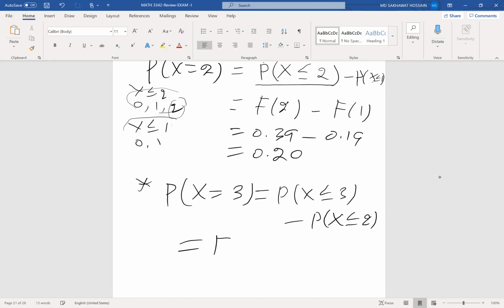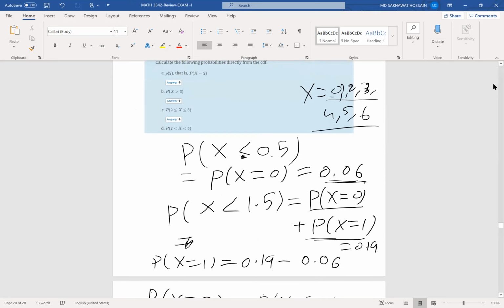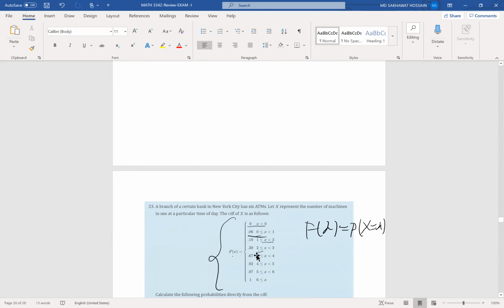That means f of 3 minus f of 2. So what is f of 3? F of 3 means the value of f of x when x is 3. Here x is greater than or equal to 3 and less than 4, so f of 3 is 0.67.